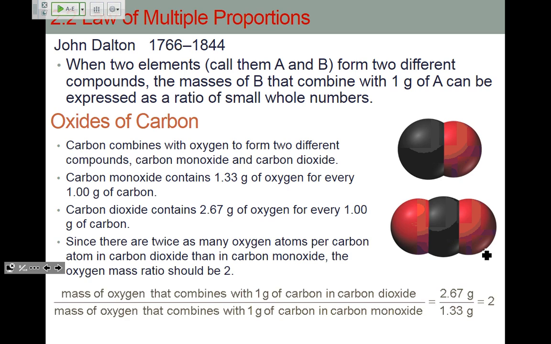Because in carbon dioxide, for every 1 carbon we have 2 oxygens, and in carbon monoxide, for every 1 carbon we have 1 oxygen. So if we take the ratio of those masses, it's going to be equal to 2 because carbon monoxide has 1 while carbon dioxide has 2.